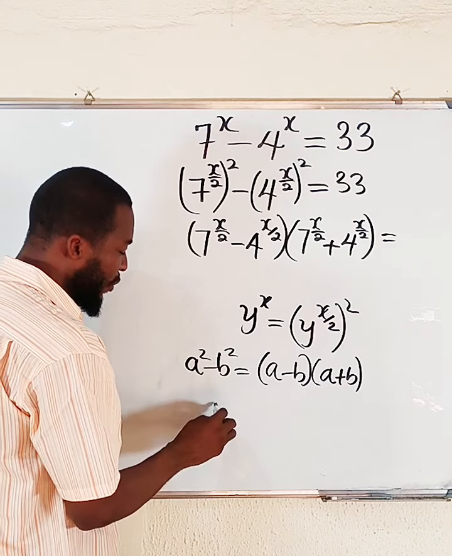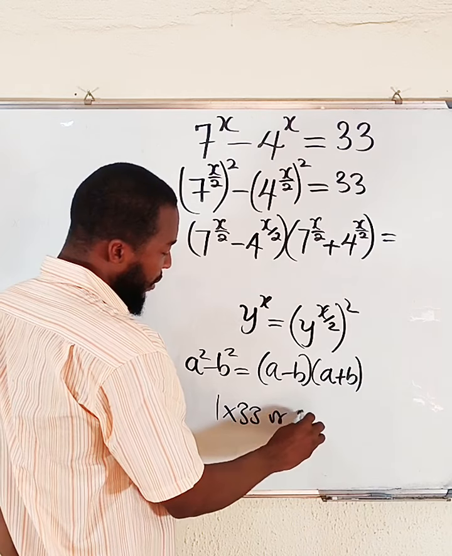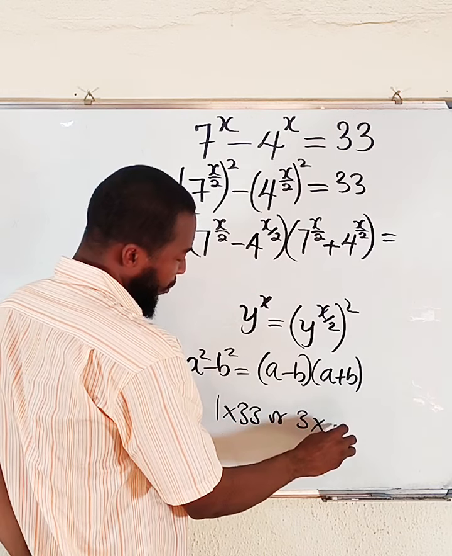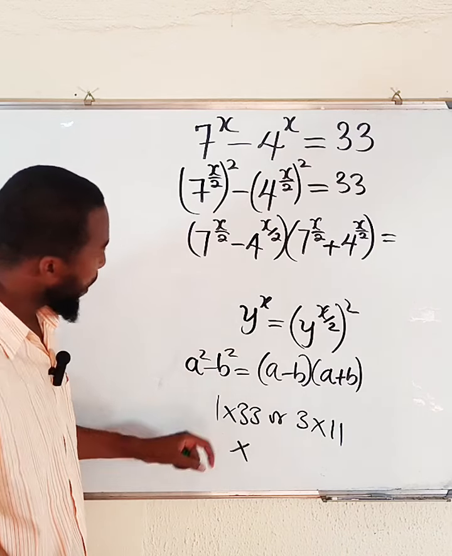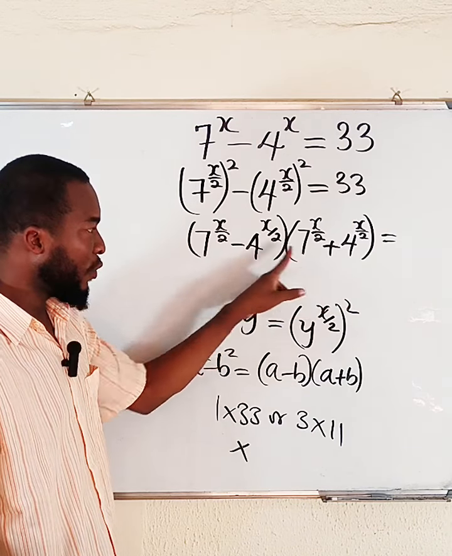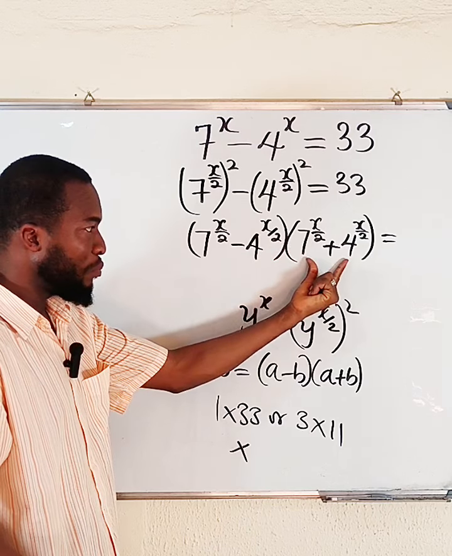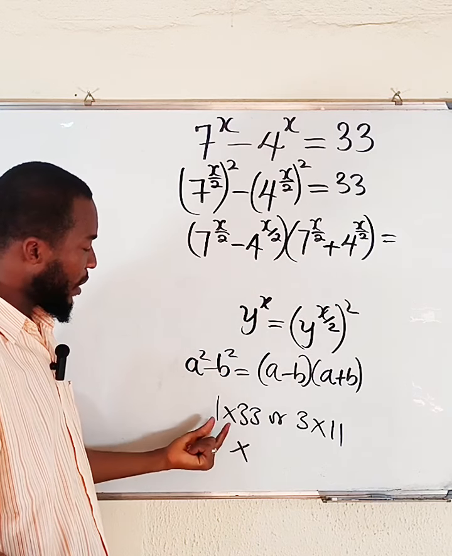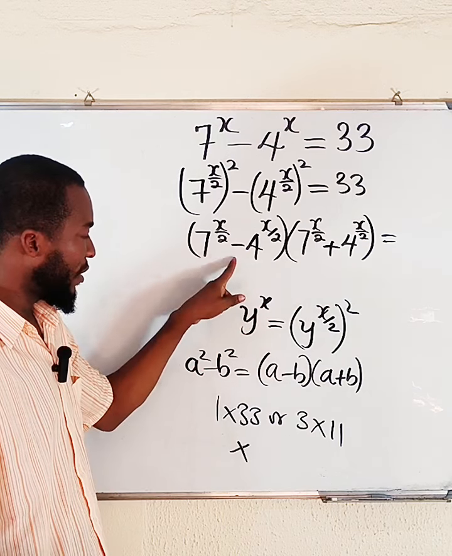So the factors we could have are 1 times 33 or 3 multiplied by 11. But I'm not going to choose 1 times 33. Why? I know that this factor is bigger than this because we have minus here, but this is plus. Therefore, I have to take the bigger number and relate it to this and the smaller one to this one.